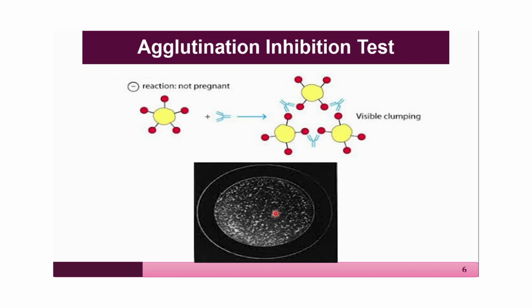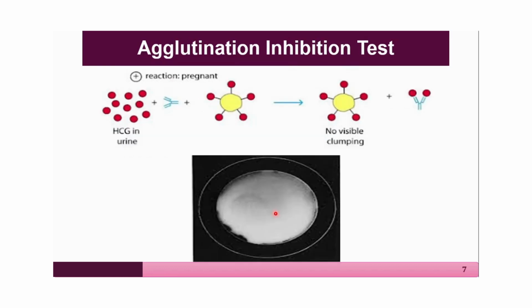Suppose the urine sample contains the HCG hormone in it. The HCG hormone readily reacts with the anti-HCG that is added to it, and almost all the hormone will be bound by the antibody, and then when you add the latex beads coated with HCG, they will remain free without agglutination because the antibody molecules are already engaged by the hormone that is present in the urine sample.